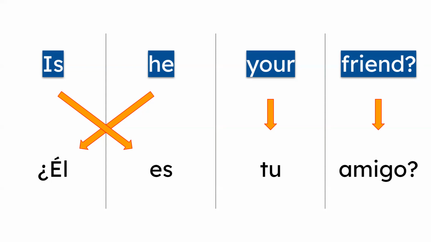In Spanish, when you make questions, we don't shift positions with the pronoun and the verb. We just keep the same structure as in the positive statement. And the only thing that changes is the intonation. We say, ¿él es tu amigo?, like that.